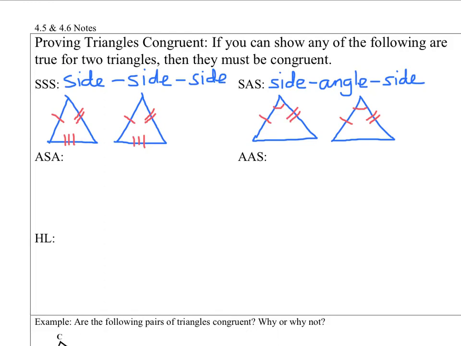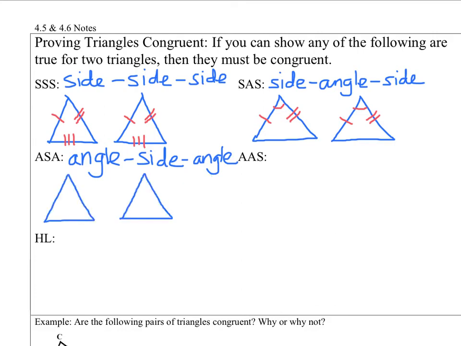Now the next postulate, ASA, stands for angle, side, angle. And this is kind of like SAS. If we can show that two triangles have two angles in common and a side that's immediately between those two angles, then those triangles must be congruent.